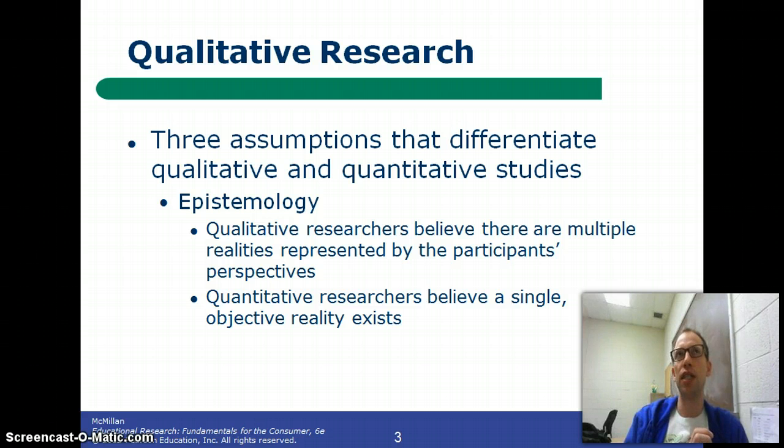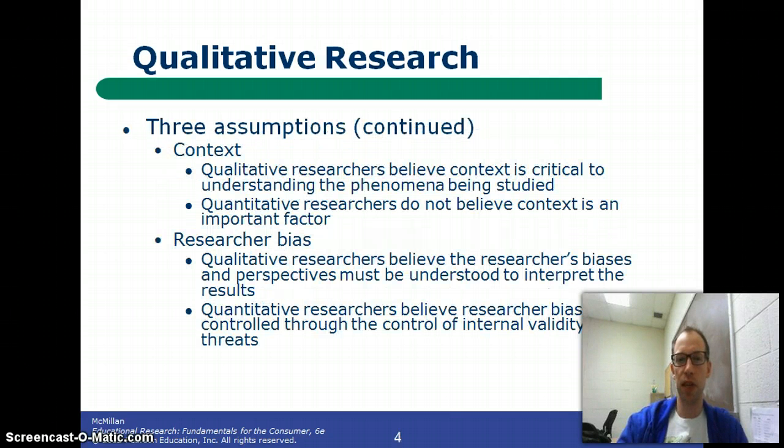Whereas qualitative research is generally founded on the principle that there may be multiple realities, multiple stories, perspectives. And again, when I make any differences between these two, they're very broad, very general. There's always exceptions to this.